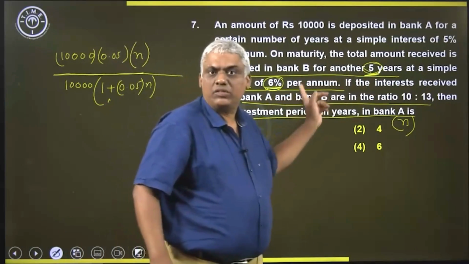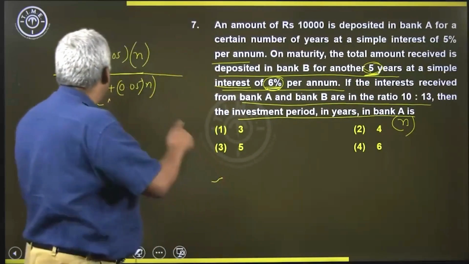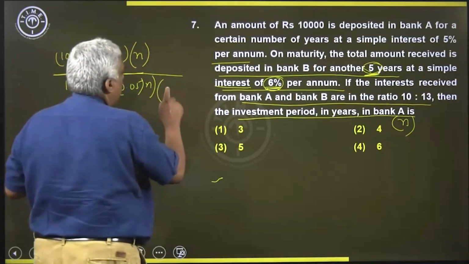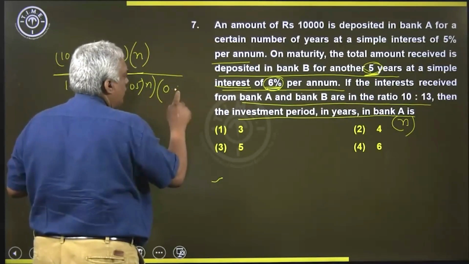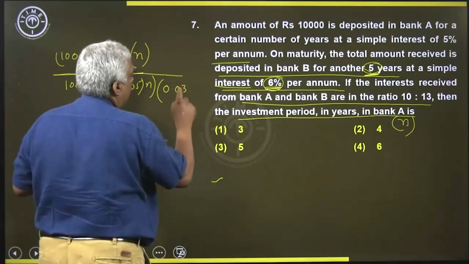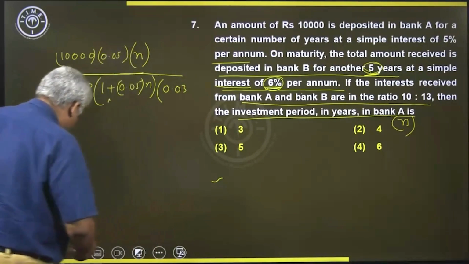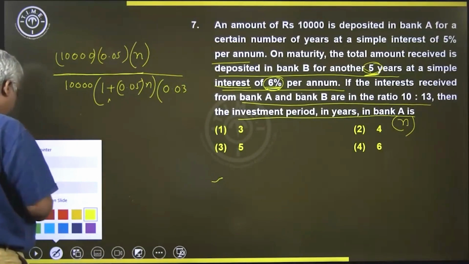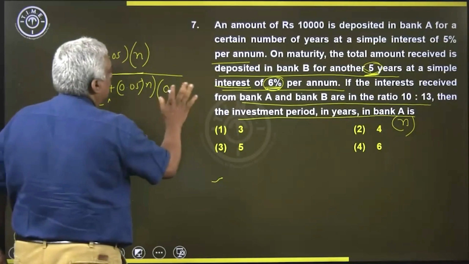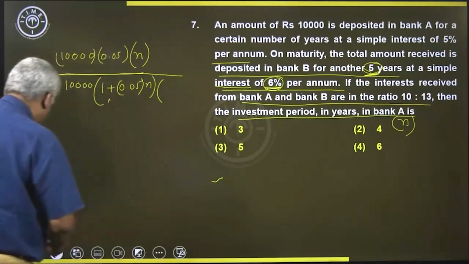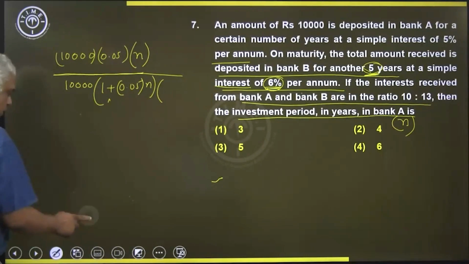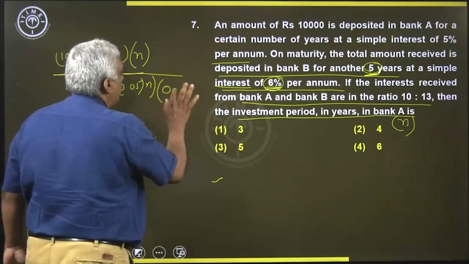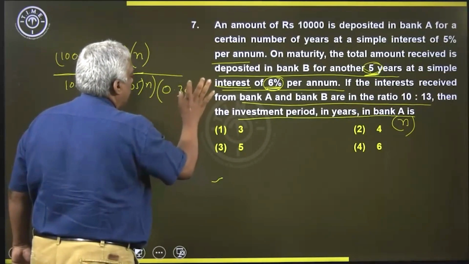So 5 into 6 means 30% of this amount. I wrote 3% by mistake, so it is 30%, which is 0.3, 30 by 100.